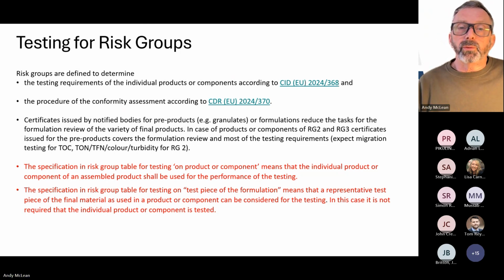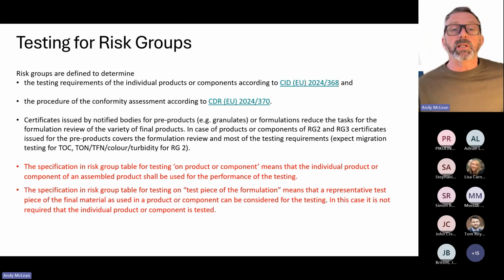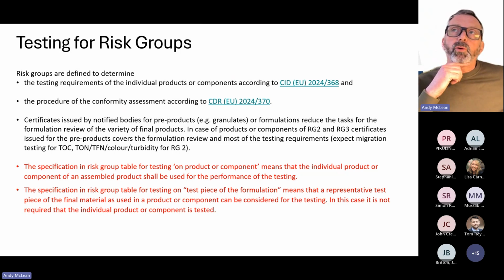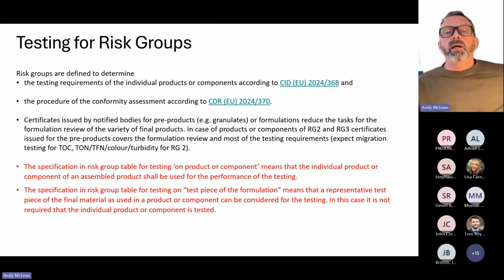Now, pre-products, so for example, granulates and formulations, can reduce the testing, but it's going to be left to the conformity assessment body as to whether certificates for pre-products, such as pre-manufactured products, will require testing or not. And I think what that comes down to is mainly process of those specific elements.